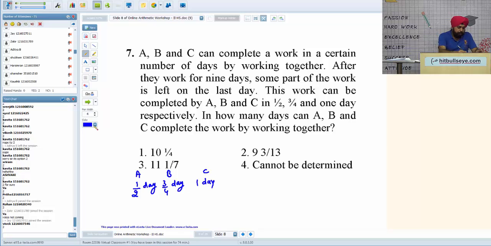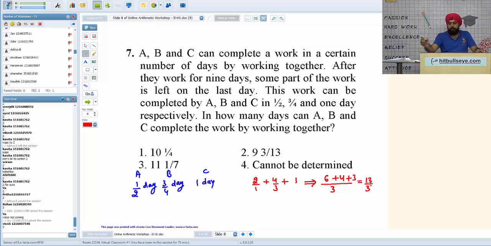So students, just take the way we usually do the reciprocation. That is, it will be 2 by 1 plus 4 by 3, their 1 day's work, plus 1. You add that after taking the LCM. So it is 6 plus 4 plus 3.